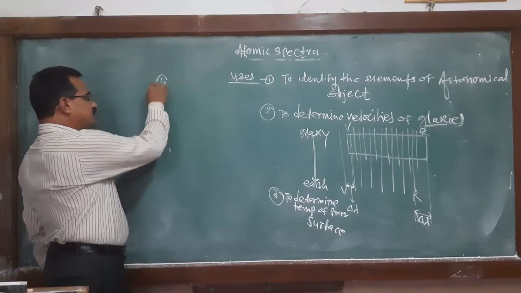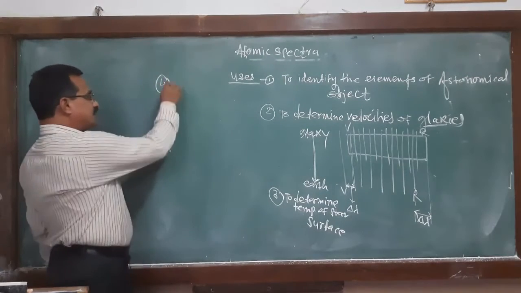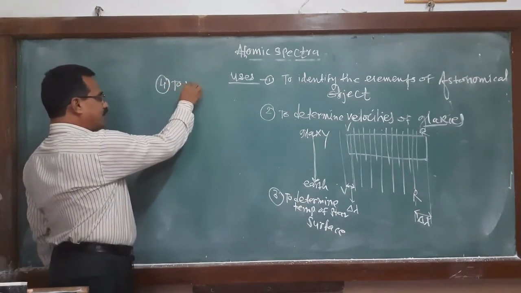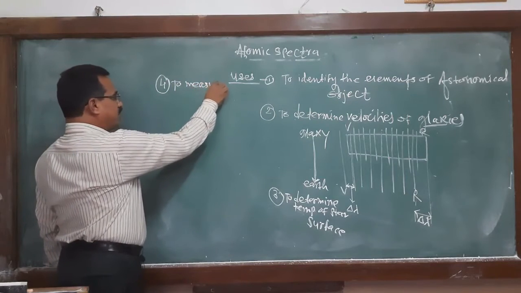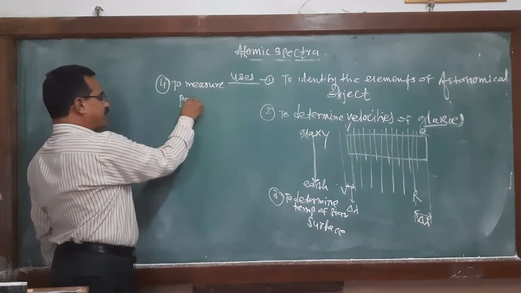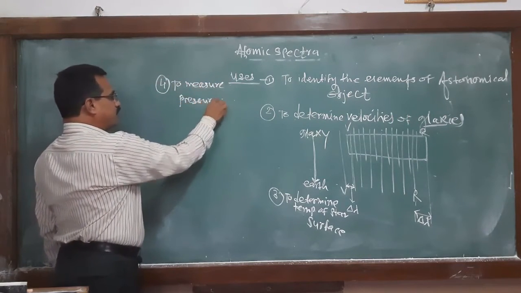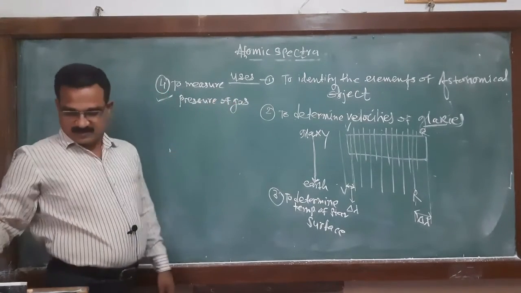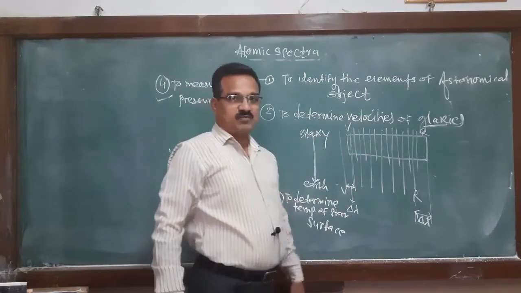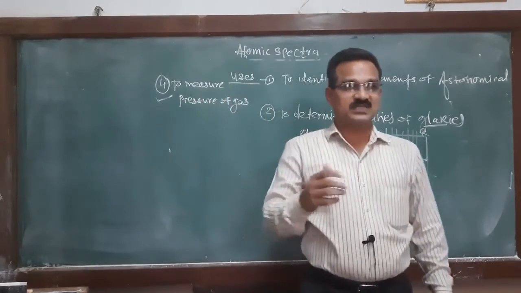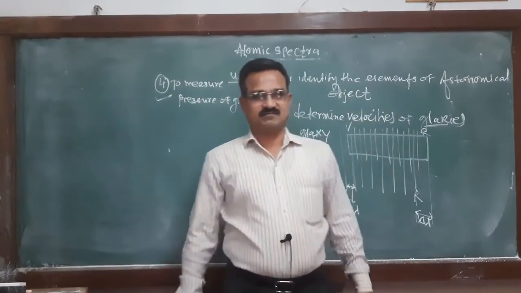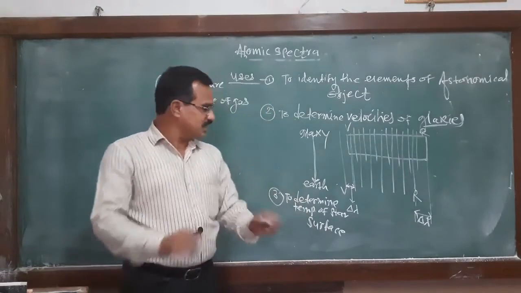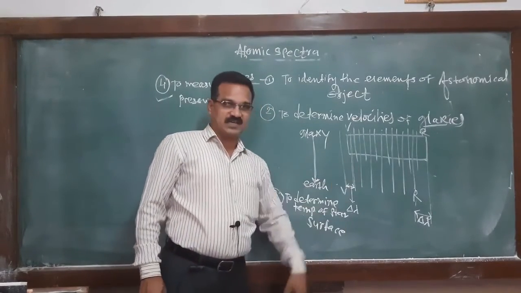In addition to this, to measure the pressure of gas, these lines are observed from the object or from the gas. What about the width of this line?